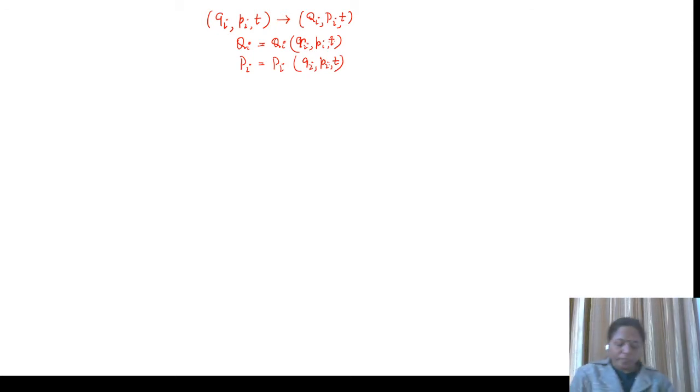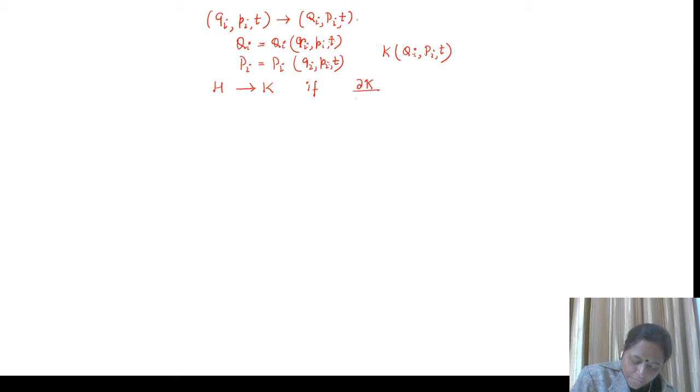Then if for the old system H is transformed to K, and you can preserve Hamilton's equations of motion, that is, K is a function of capital Qi, Pi and time, and if you find delta K by delta Pi is equal to Qi dot, and delta K by delta Qi is equal to minus Pi dot, if this is preserved.